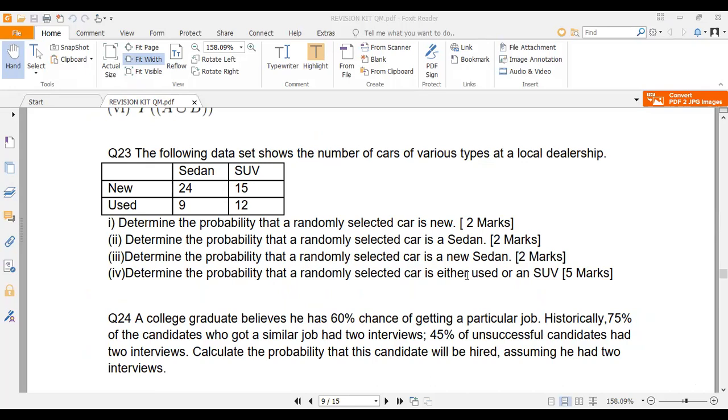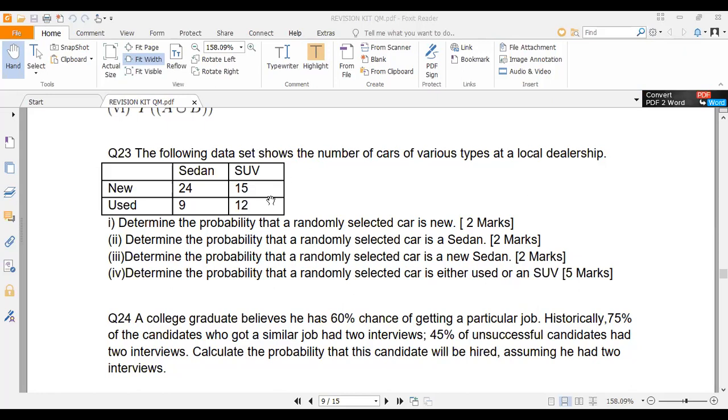So what's the first thing we need to do? We do the totals on the right and the bottom.